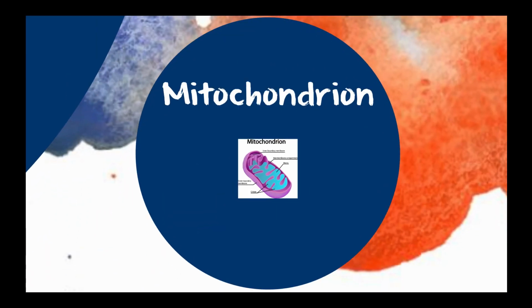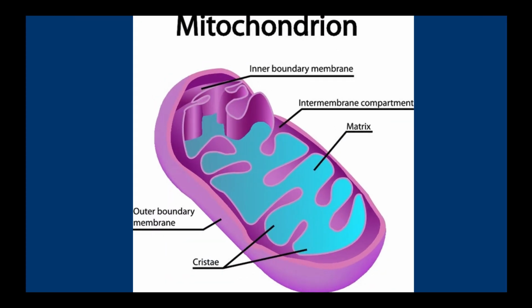The last thing we'll review here for the introduction is the structure of the mitochondrion, and where these different things are occurring during cell respiration. So remember, the mitochondrion is a double membrane bound organelle. It has an outer membrane, and it also has an inner membrane.